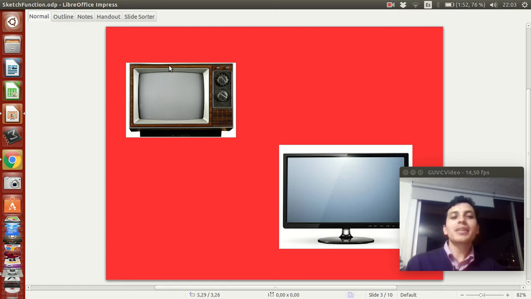As you can see here, we can check two different TVs. That was the TV that I used when I was a kid, and this is the TV we have right now at home, or you have in your house right now.